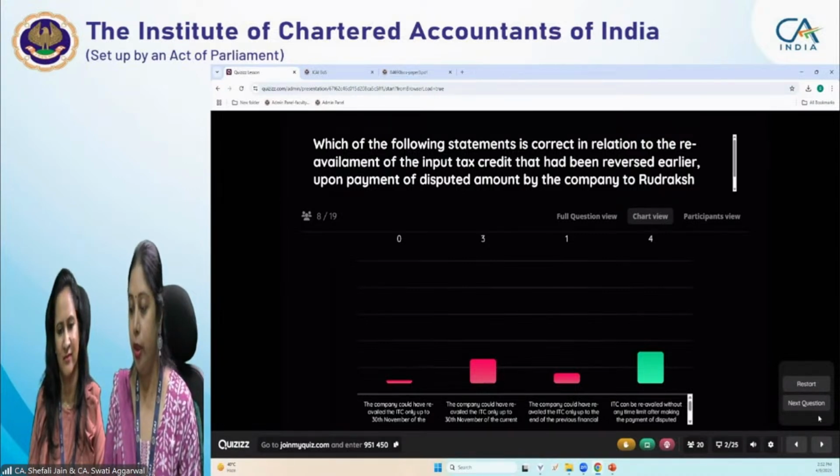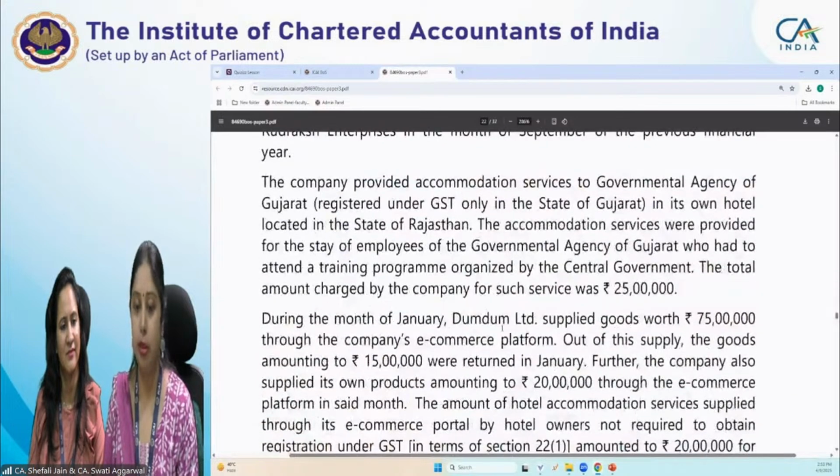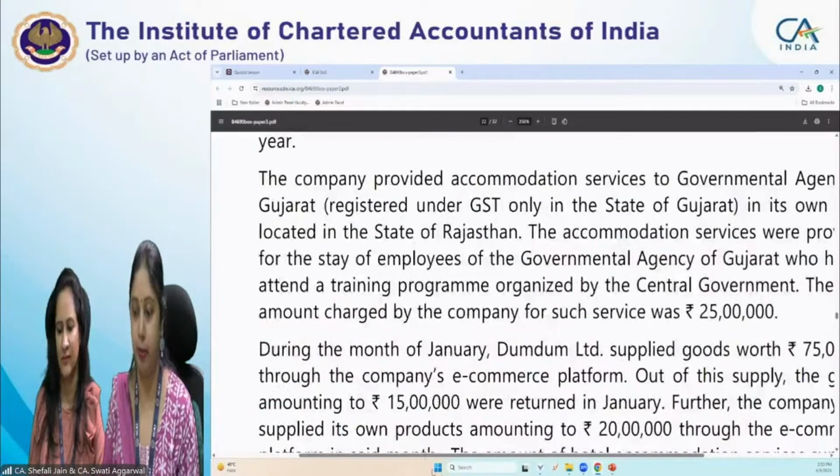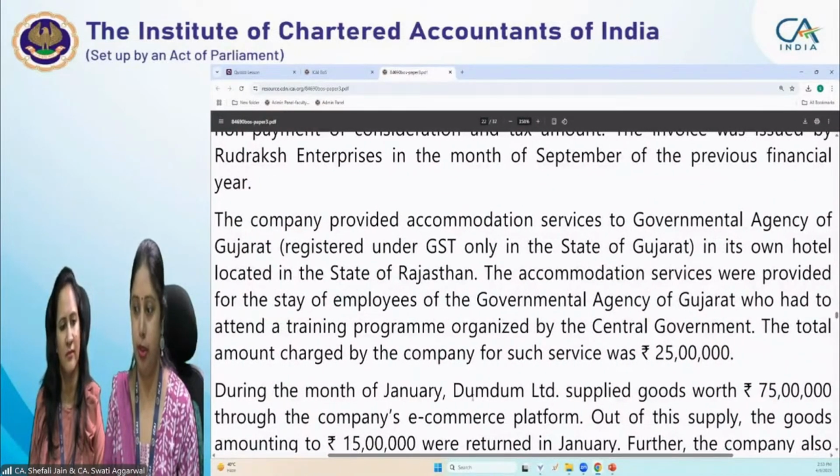ठीक है, now we come to the next question, but before that we'll see the relevant information which is given in this particular paragraph. Okay. The company provided accommodation services to Governmental Agency of Gujarat, registered under GST in Gujarat. Important point है.